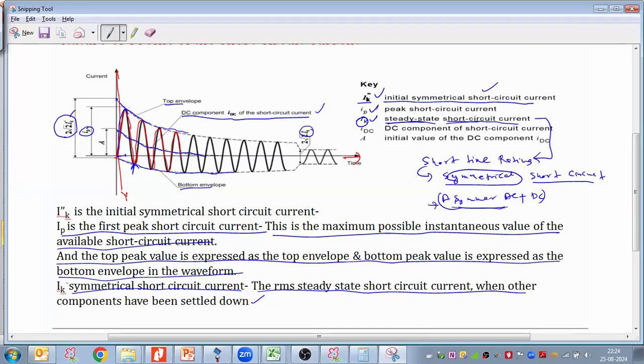What I'm trying to tell you is that whatever X by R ratio you select, whether 10, 20, 40, 50, 60, infinite, this will impact only the asymmetrical short circuit current or peak short circuit current, right?